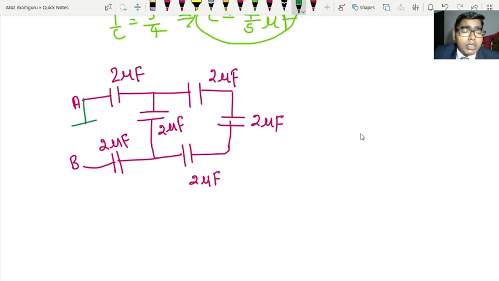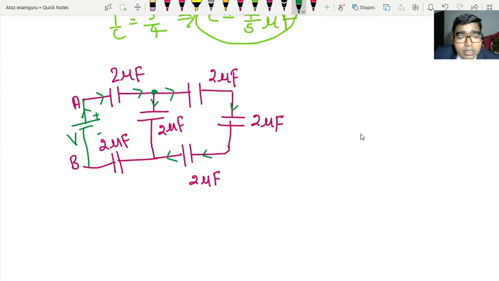Let us assume you have added a battery over here. Current will enter from this side and divide at this point. These two branches are in parallel, and the current which passes through this capacitor will also pass through this capacitor and this capacitor.